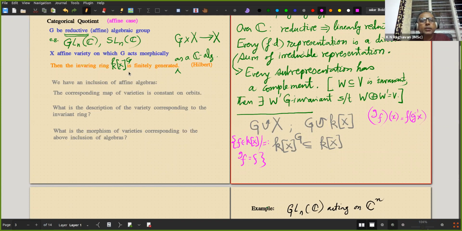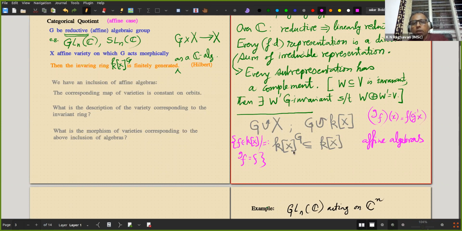So what we are saying is that the ring of invariants is finitely generated as a C-algebra. Now K[X] is the ring of functions of X, and this is a finitely generated C-algebra. Such things are called affine algebras, in case this term has not been used before.